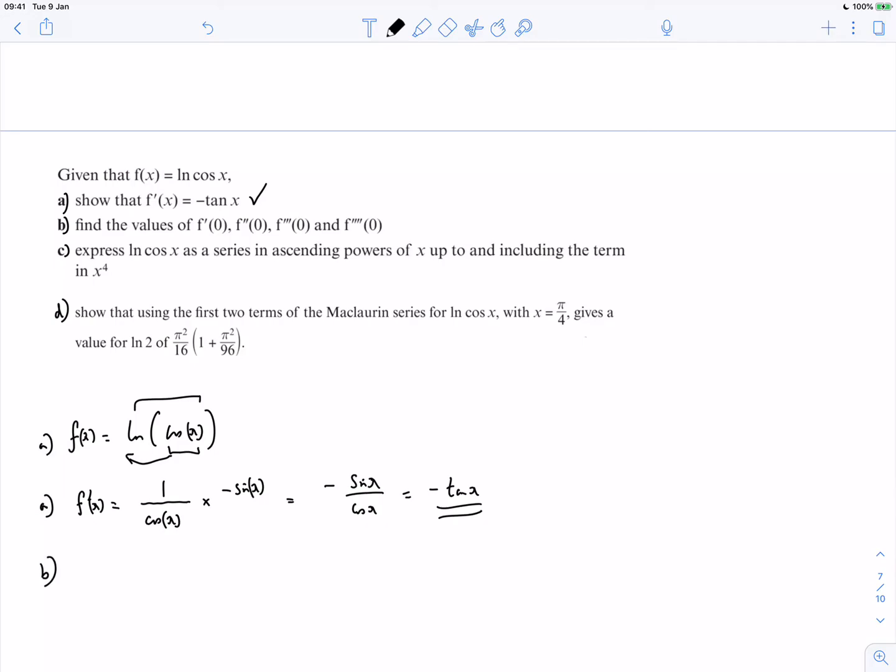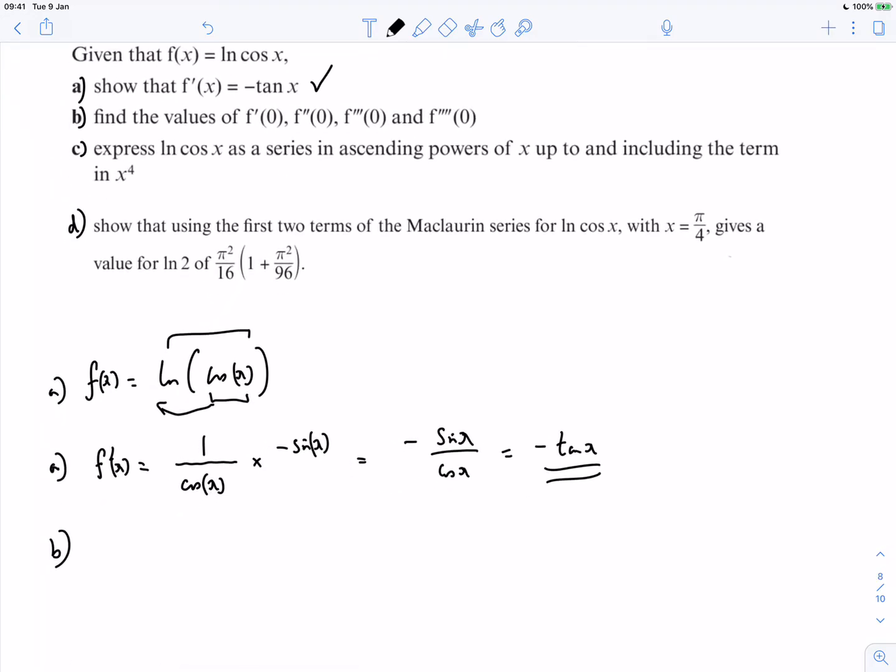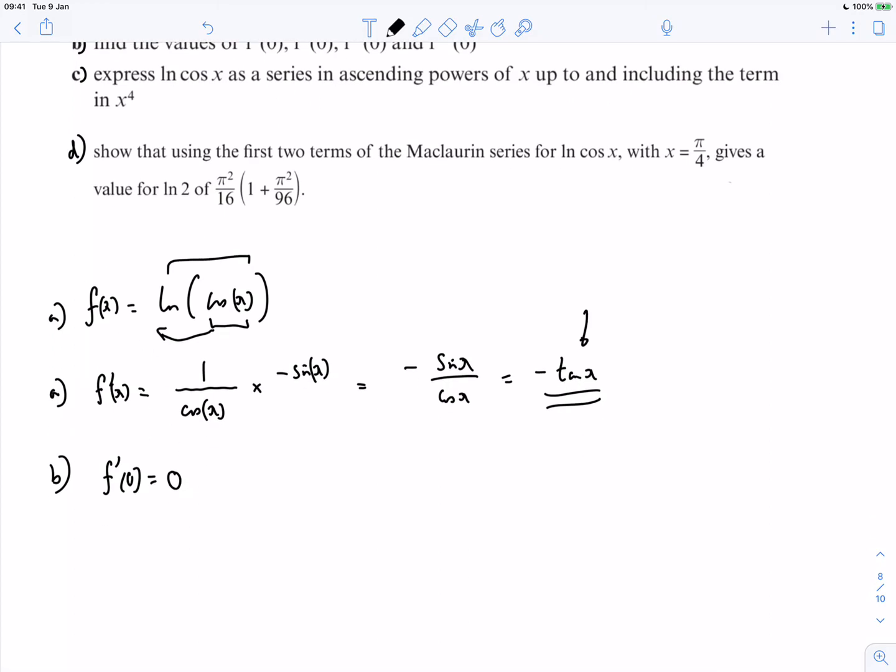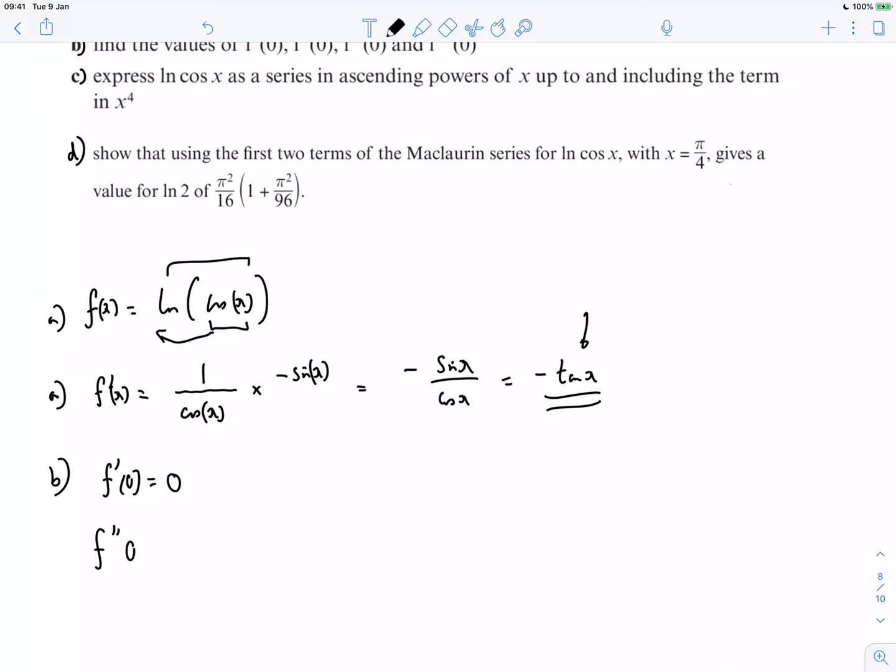Okay, part B. Find the values of f dash of 0, f double dash of 0, f triple dash of 0, and f quadruple dash of 0. So f dash of 0 is just when I substitute x as 0 into here. So tan of 0 is 0, so that's a nice one. F double dash of 0, well, tan differentiates to sec squared when you're used to that.